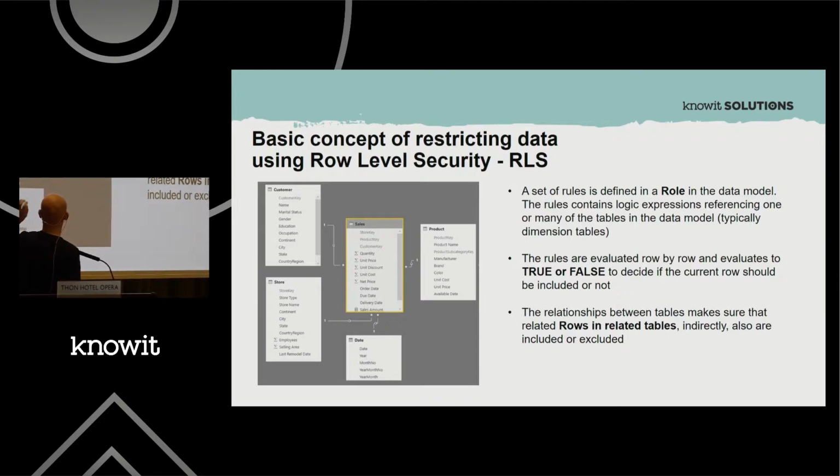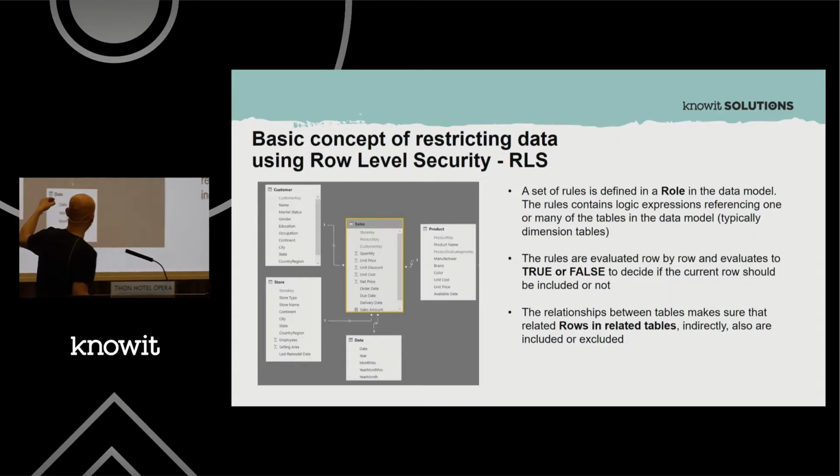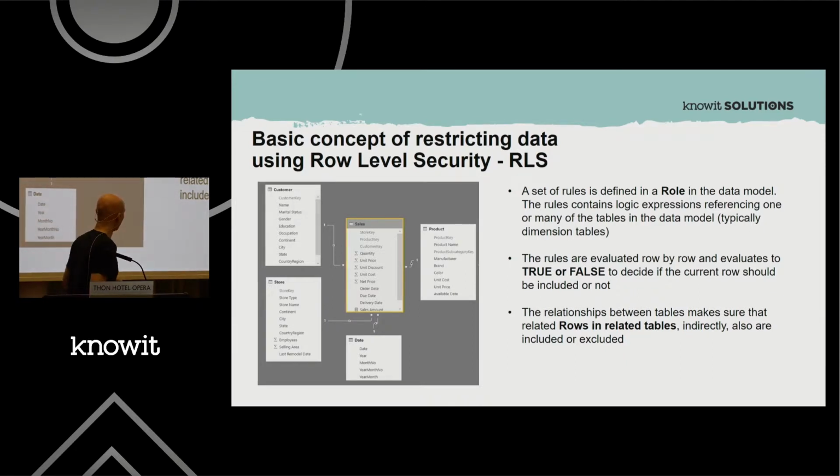For instance, the store table, where we might have different stores that should only see their own store, different countries, etc. So then we take advantage of these relationships that make sure that the corresponding rows in our fact table are either included or excluded when we query this data model.